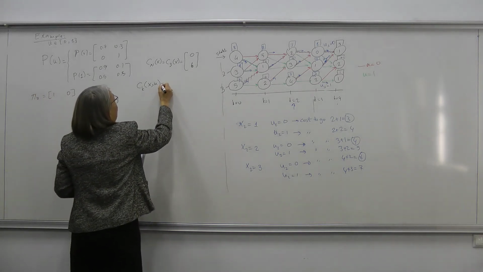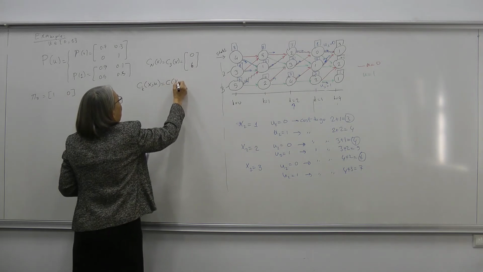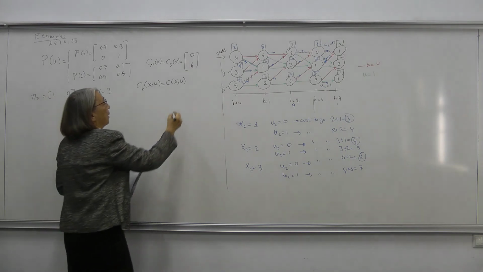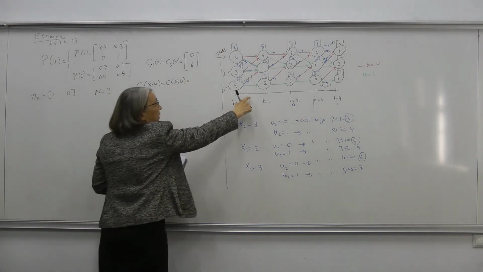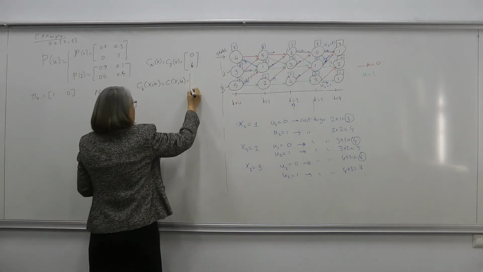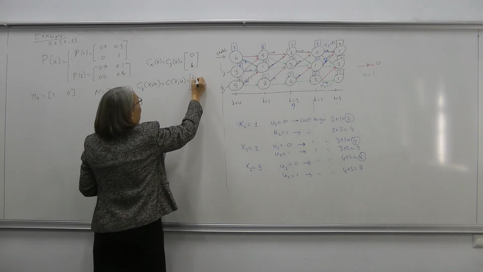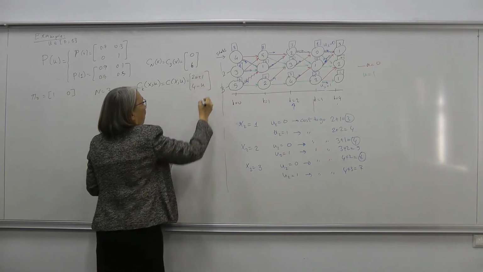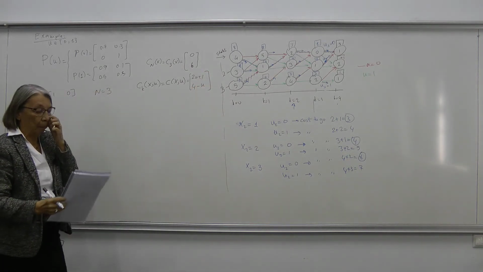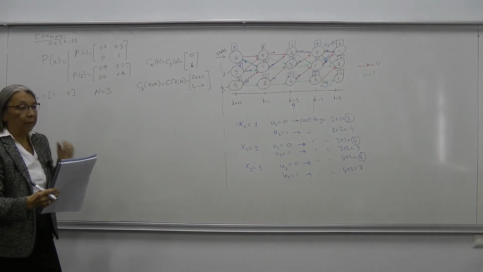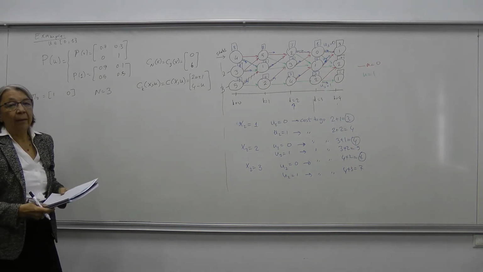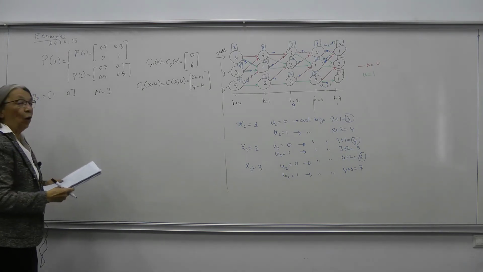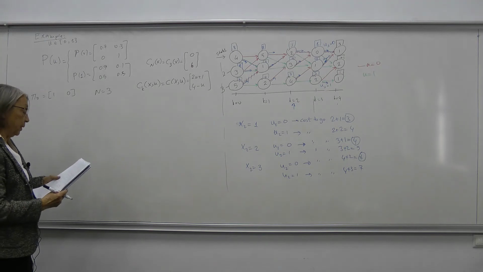However, for that example, we have a time invariant function, for each time we have the same C of x, u. This is really not necessary, as that example shows us. And it is given as 2u plus 1 and 4 minus u. Okay? The incremental costs are also defined, and everything is defined. Now, the problem is to find the optimal solution, the optimal path, the optimal input sequence.